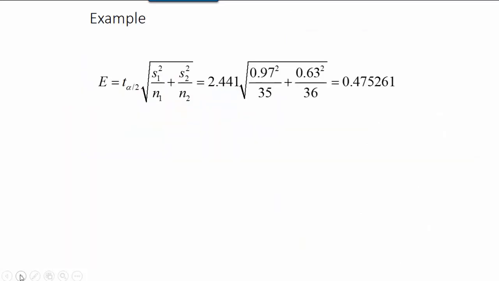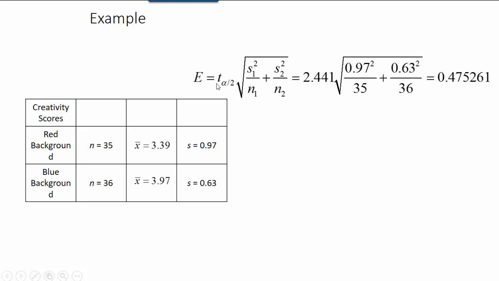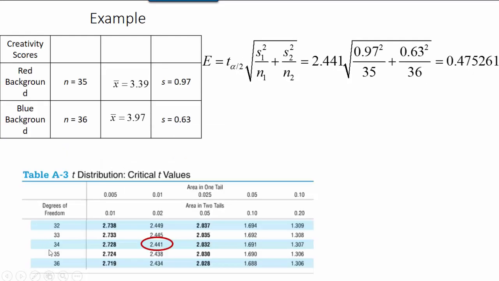So here's where we calculate our error. The error is equal to t sub alpha over 2 times the square root of s1 squared over n1 plus s2 squared over n2. Remember, we found t sub alpha over 2.